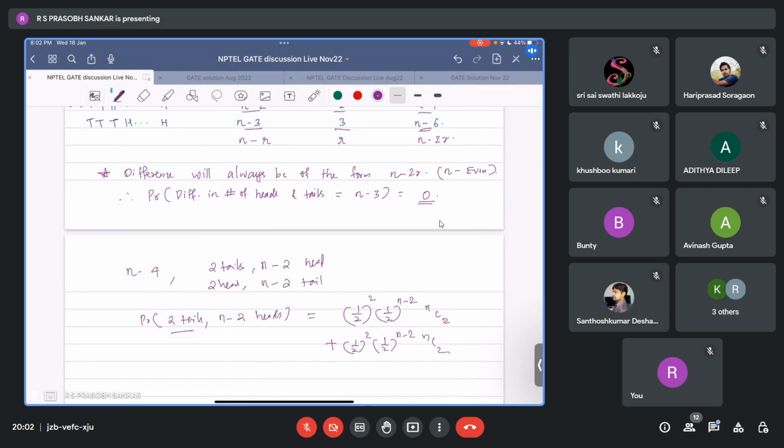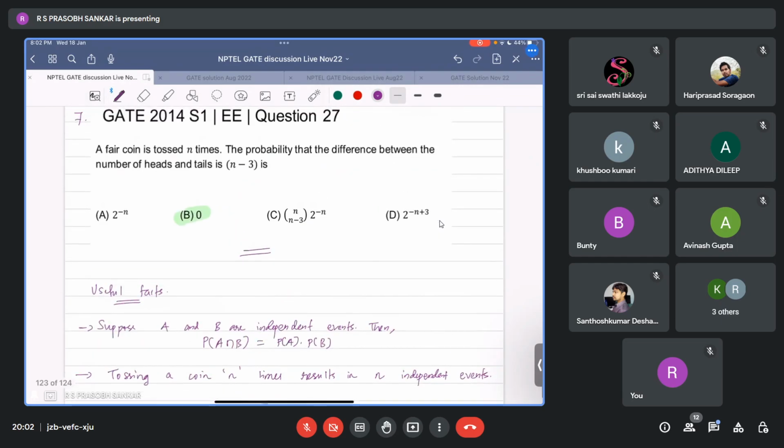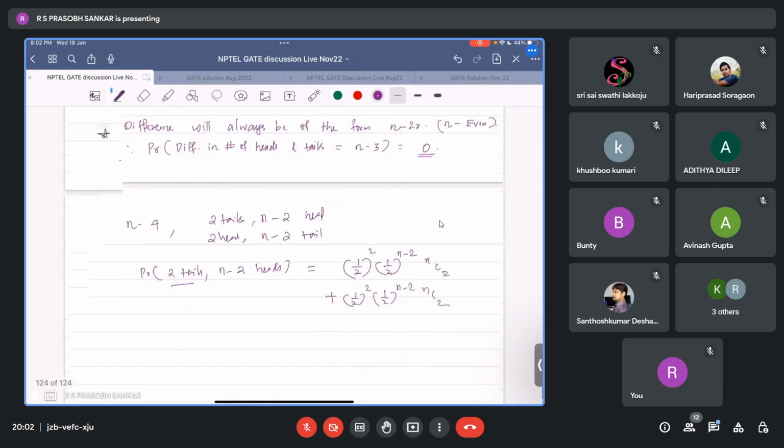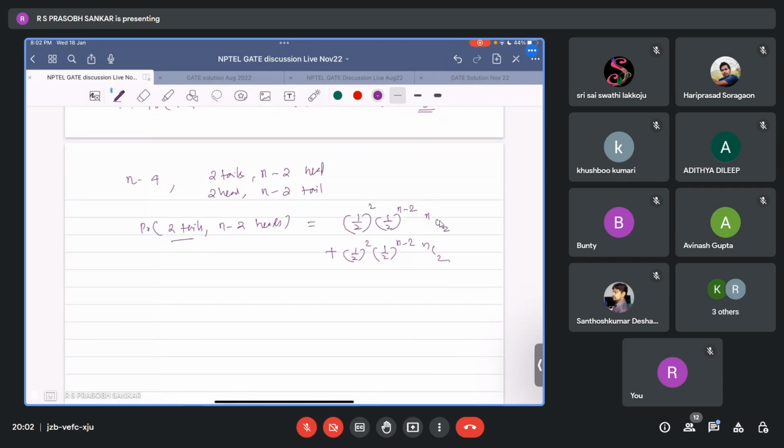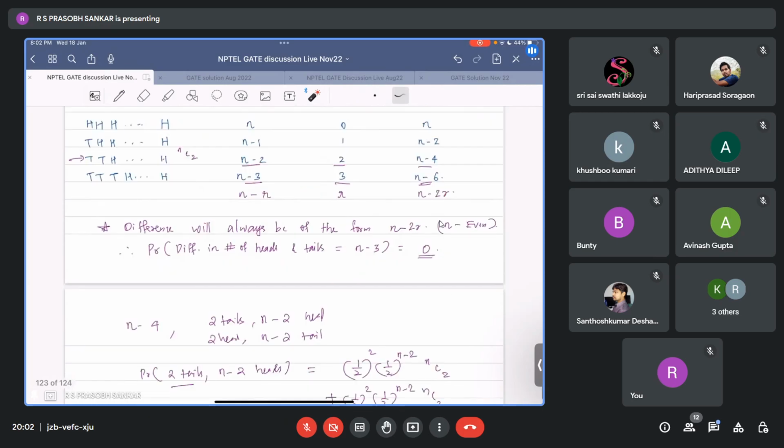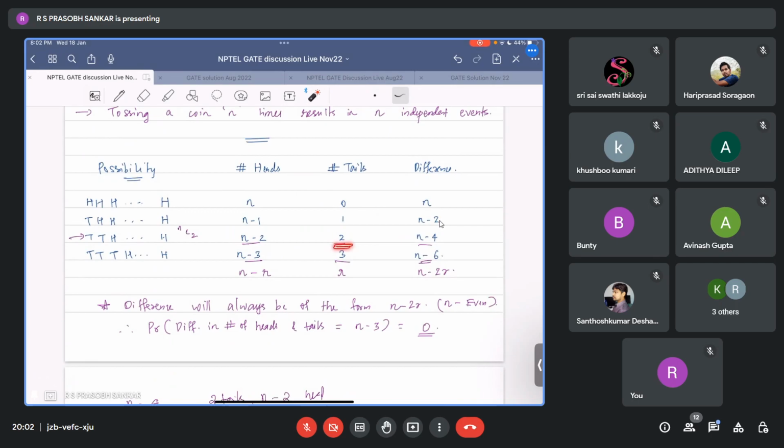So we need to find the probability that, did I miss any possibility? No, right? N minus 4 means we need to have either two tails and n minus 2 heads, which will give you n minus 4, or two heads and n minus 2 tails.